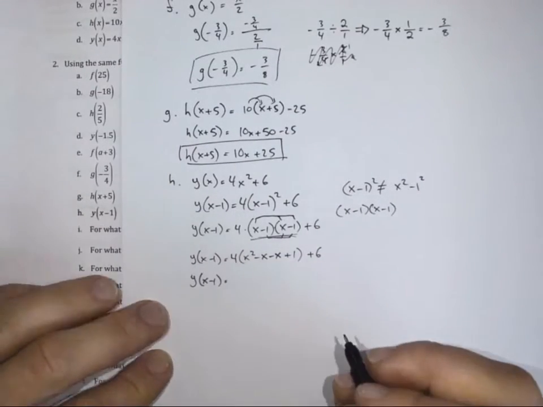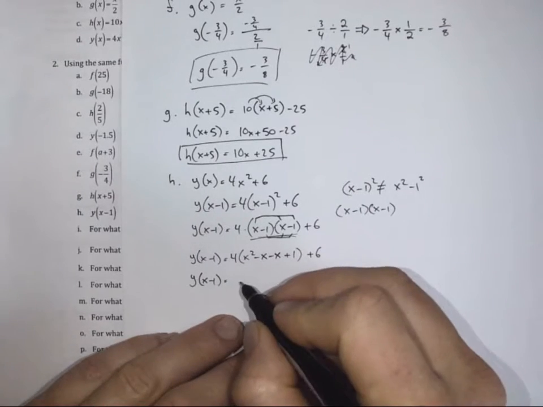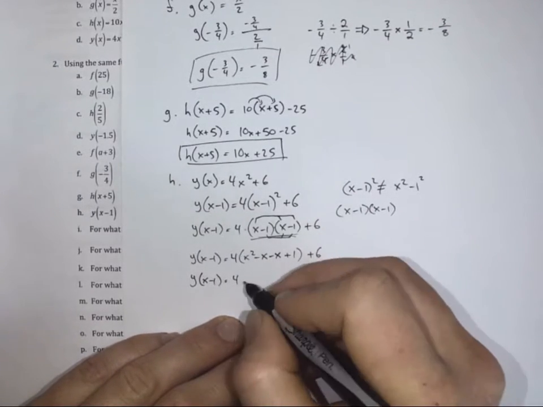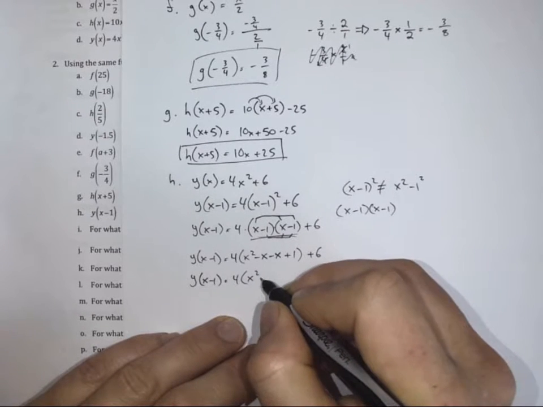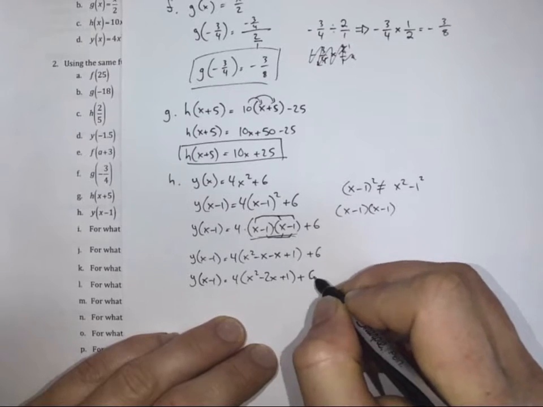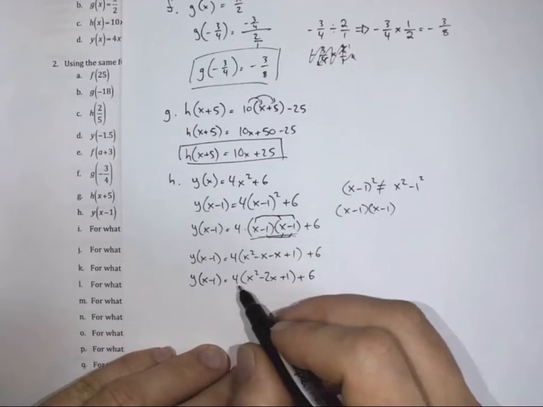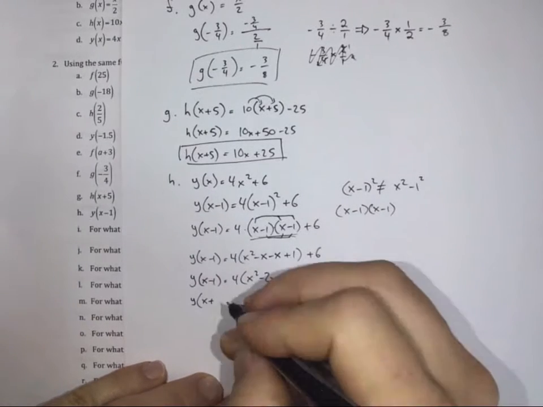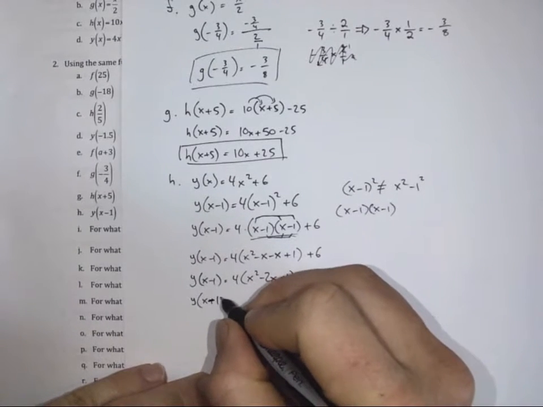All right, and we move on. We say, okay, we have 4. We'll multiply it into that. Oh, actually, maybe we'll simplify first. x squared, take away 2x. Those are like terms, plus 1. And then we add 6 to the total. All right, that's the squared step over with. And, oops, so we're subtracting 1, not adding 1.